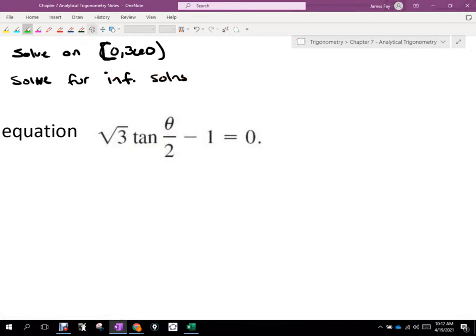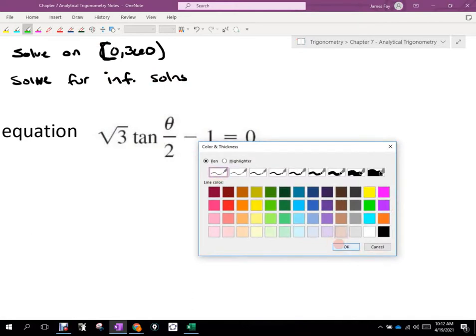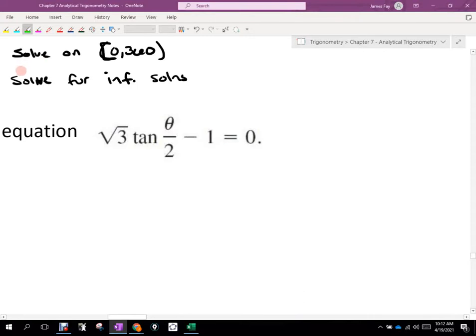As we go through this, you're probably going to find out that the actual procedure will structurally solve for the infinite solutions first, and then we have to do a little bit of work to get those broken down to the answers that are between just 0 and 360, all right?